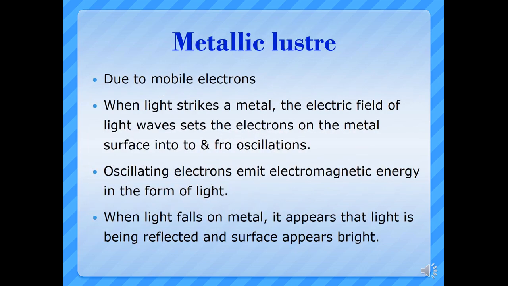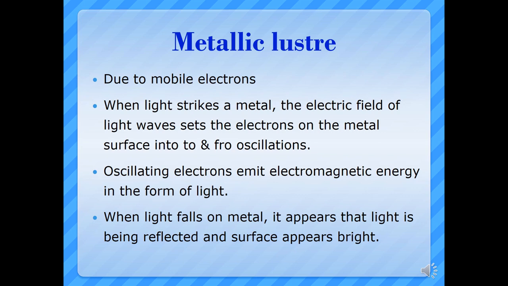The third major property of metals is that they have a metallic luster. Metallic luster means, as you know, the metals have a shiny appearance, and this is also due to the presence of mobile electrons according to free electron theory.